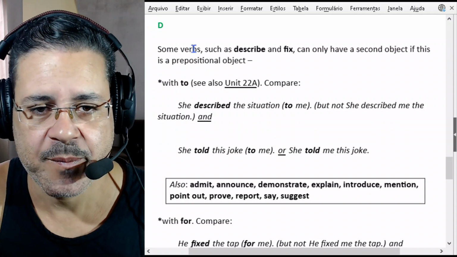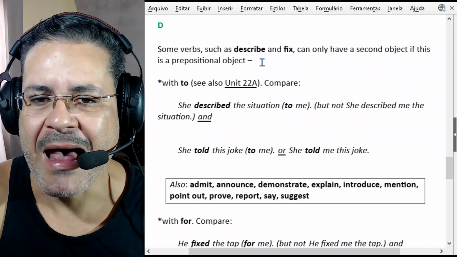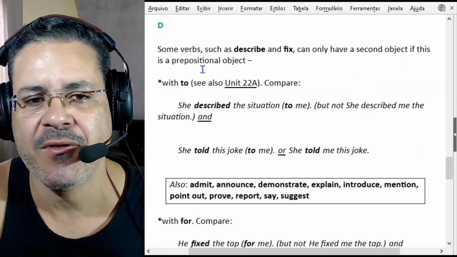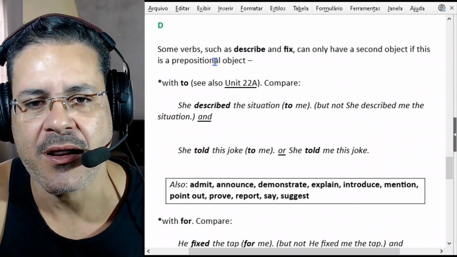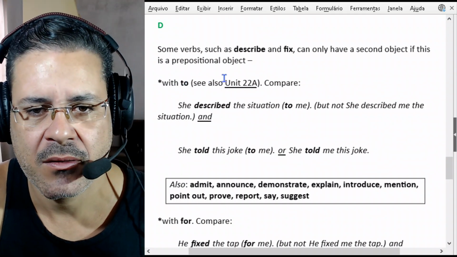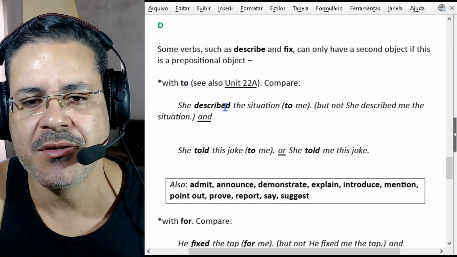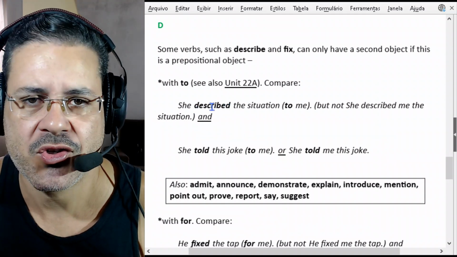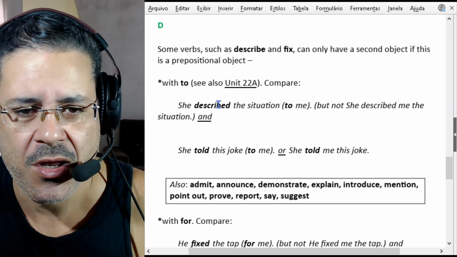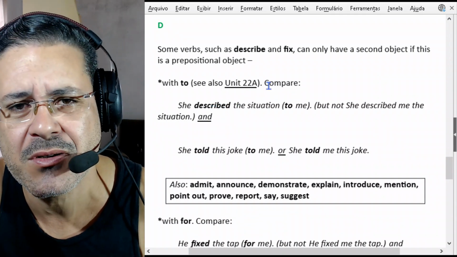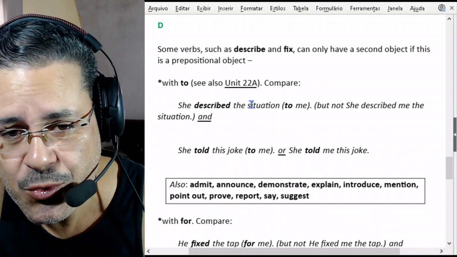Some verbs, such as describe and fix, can only have a second object if this is a prepositional object. For example, with "to." Compare. "She described the situation to me." She described what? The situation.